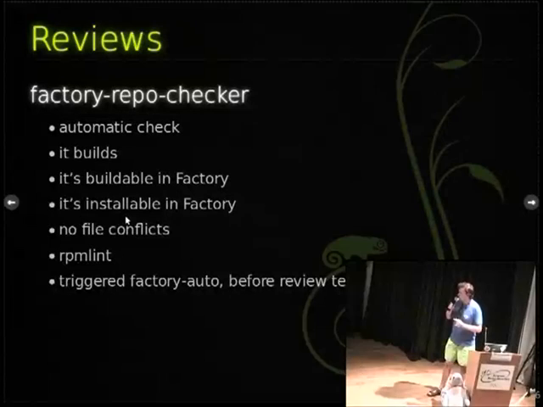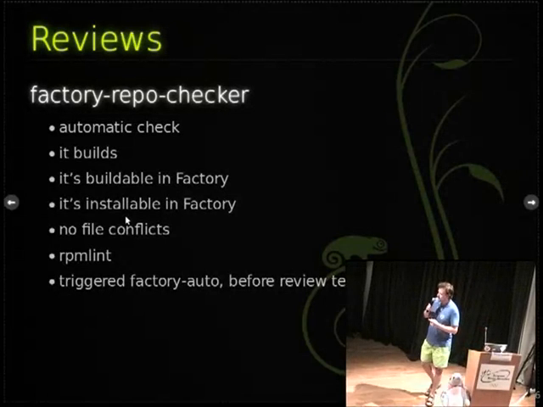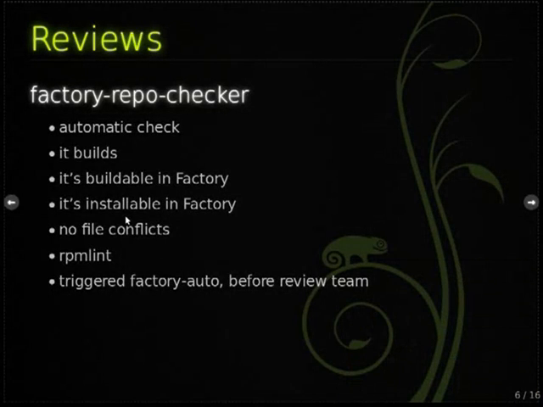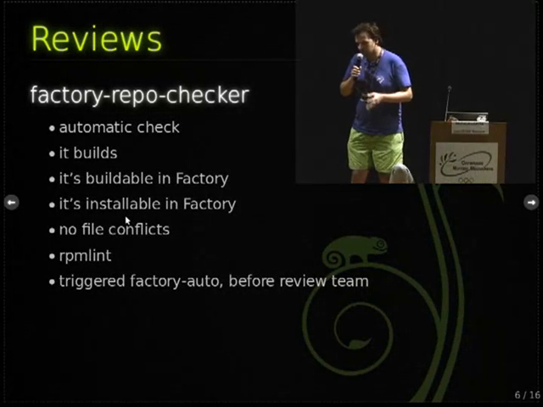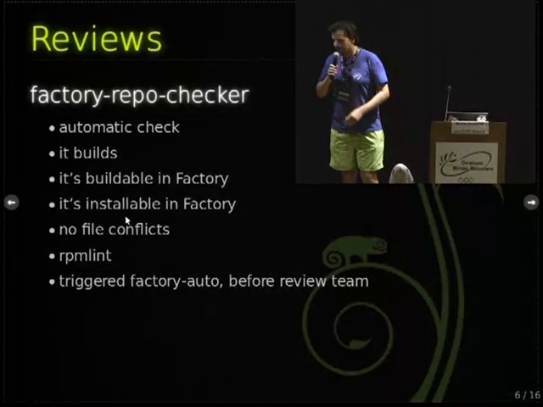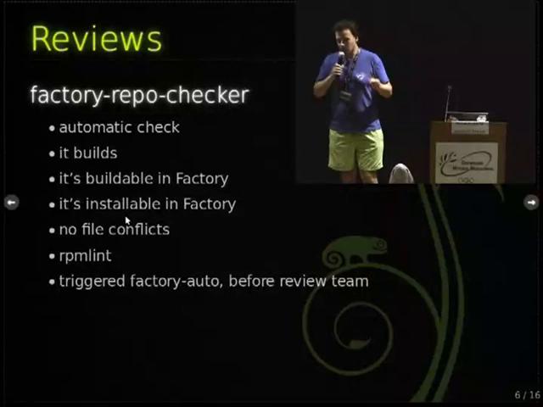And there is also factory repo checker, which is another automatic script. This one does more deep testing. It checks whether it builds and whether it is buildable in factory, but it also checks whether it is installable in the factory, whether you can actually install the resulting package, and whether there are some file conflicts with packages that are already in.